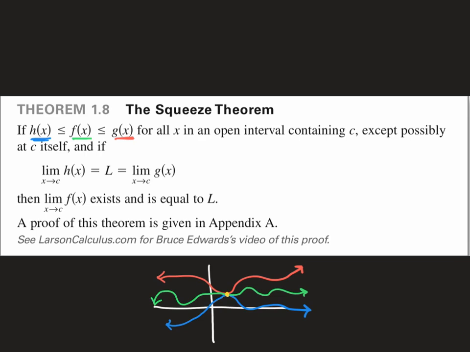That also means that our limit for f is squeezed in the middle there. So that's why this is called the squeeze theorem, because they can almost pinch together at one point and share the same limit. So that's telling us that if h and g have the same limit L, we could also say that that is the limit of f of x.